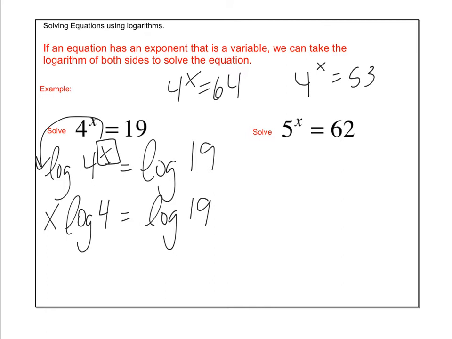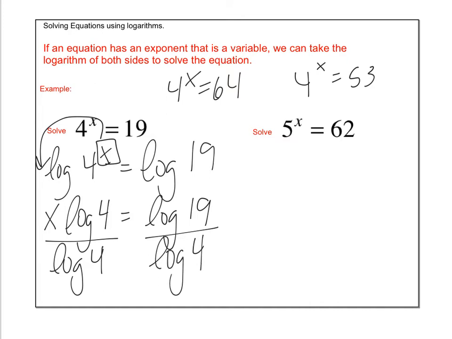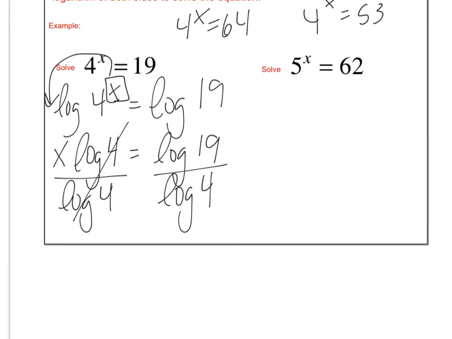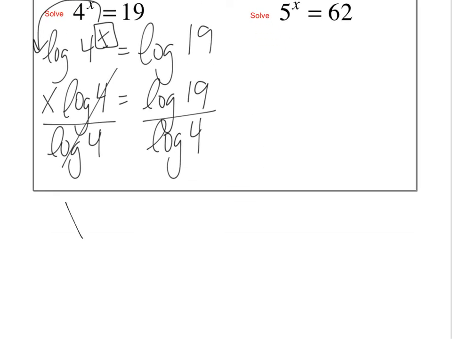And if we're trying to solve this equation for x, we can just divide both sides by that log base 10 of 4. And we see that we get x equals the log base 10 of 19 divided by the log base 10 of 4. And I actually want you to plug that into your calculators.